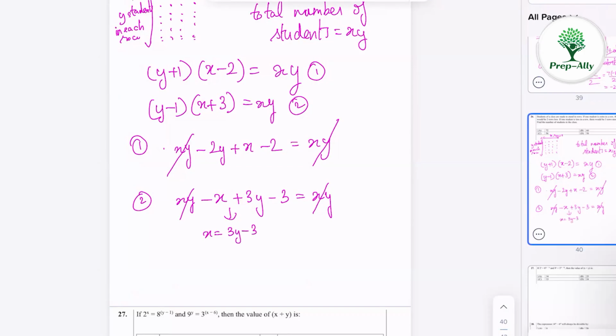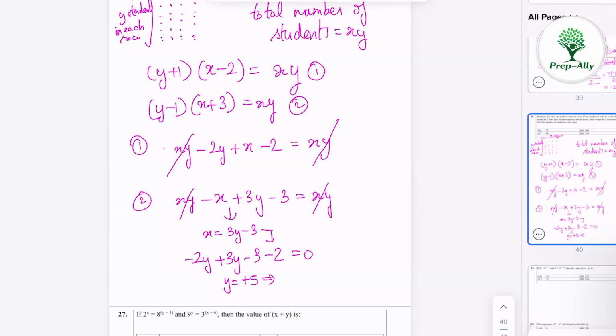And if we put that in the first equation, we have minus 2y plus 3y minus 3 minus 2 equal to 0. And when we simplify this, we get y equal to 5.